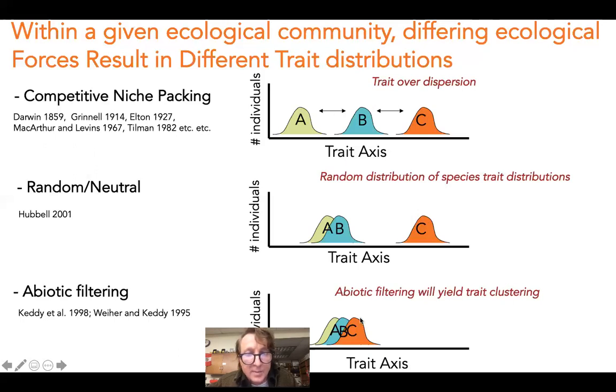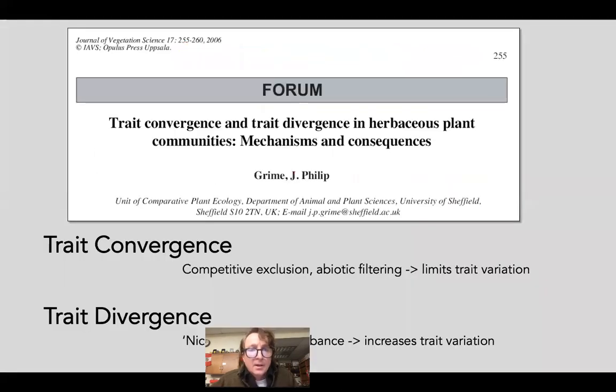And so in trait-based ecology, for community ecology, we tend to look at whether or not trait patterns are over dispersed, random, or clustered. So if you want a very nice paper that provides an overview, talking about different patterns of trait dispersion, I'd recommend this paper by Philip Grime, published back in 2006.